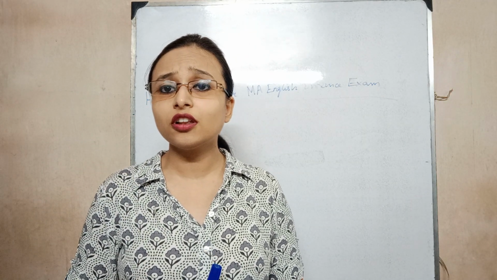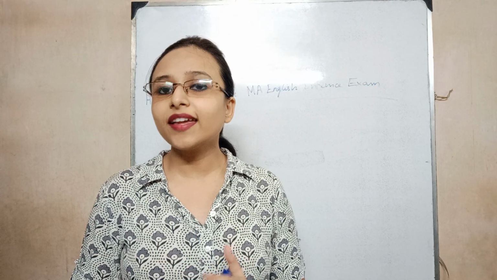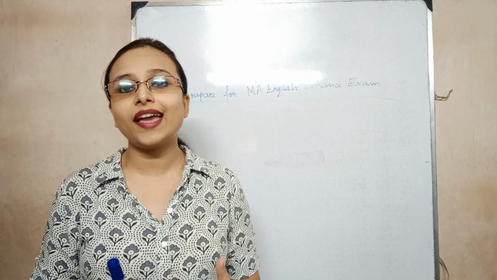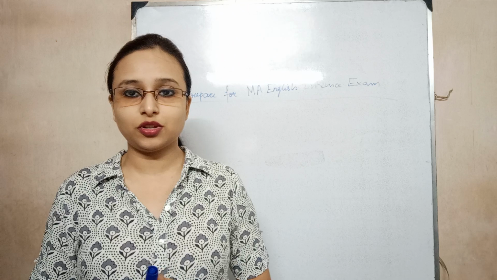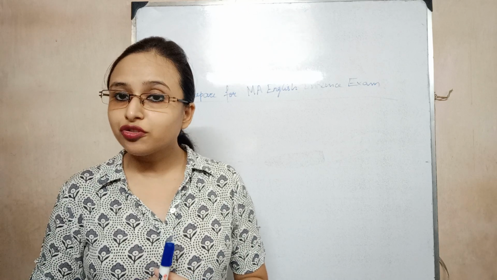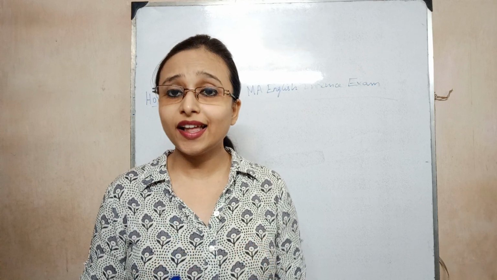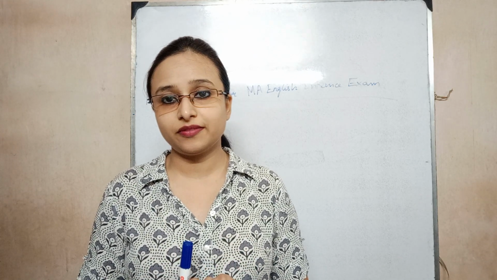It is crucial to your MA English entrance preparation. Secondly, how to deal with factual questions during the MA English entrance exam. You should gather all the authentic facts that will help you in dealing with these factual questions.